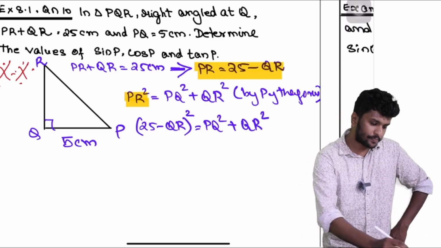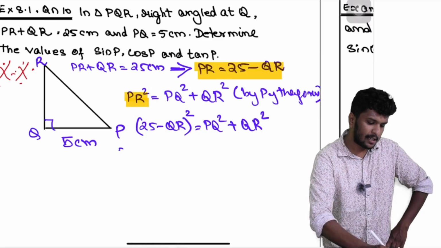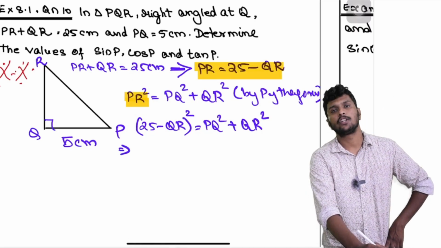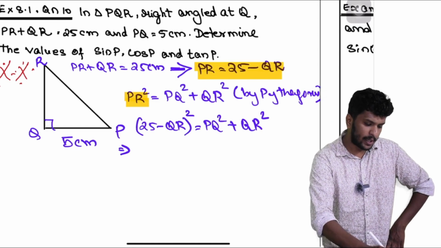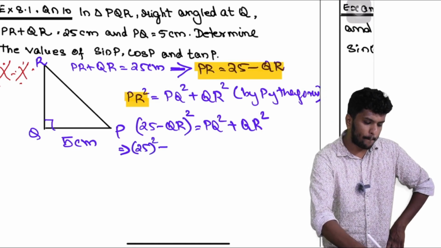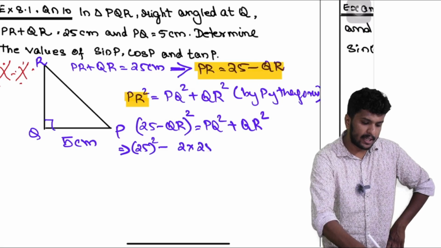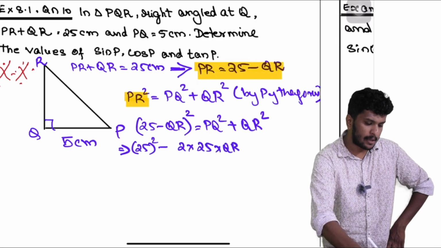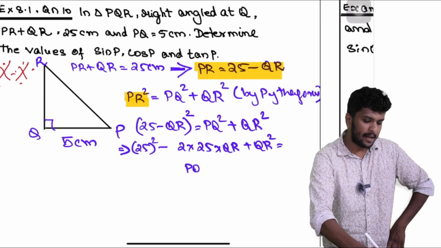Now what is 25 minus QR the whole square? A square minus 2AB plus B square. So 25 the whole square minus 2 into 25 into QR plus QR the whole square equal to PQ square plus QR square.